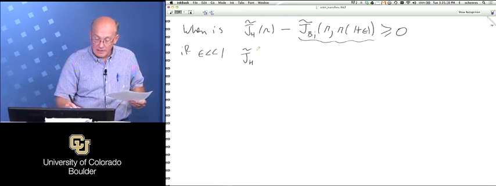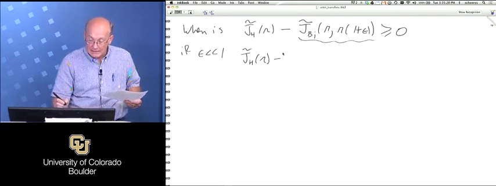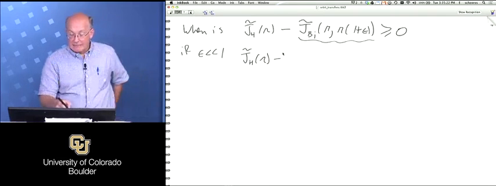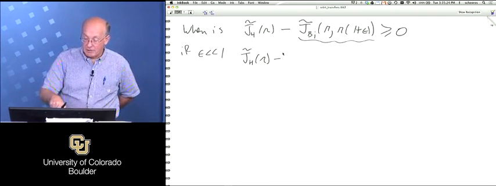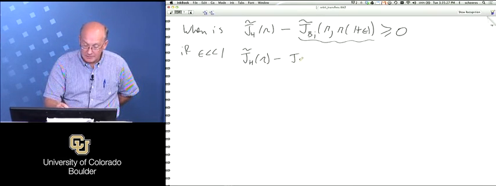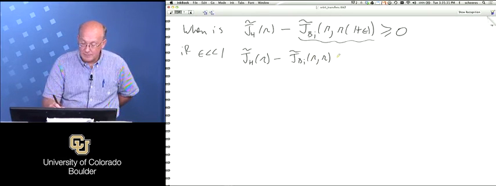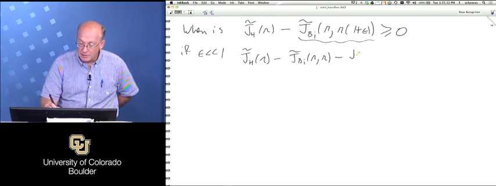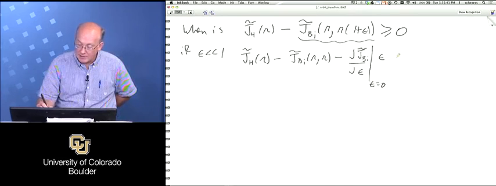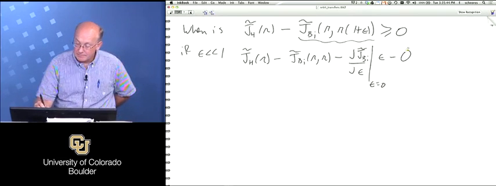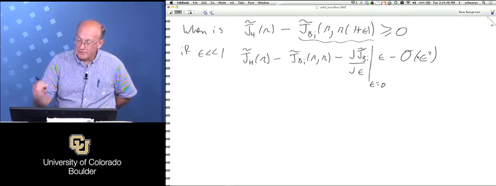So this becomes J_H tilde of R minus, first order, epsilon equals 0, this just becomes J bielliptic of R. The next order becomes the partial of J bielliptic with respect to epsilon evaluated at epsilon equal to 0 times epsilon, and then minus terms of order epsilon squared.